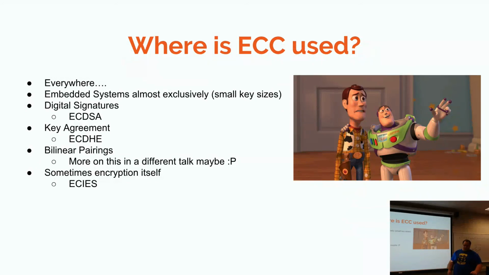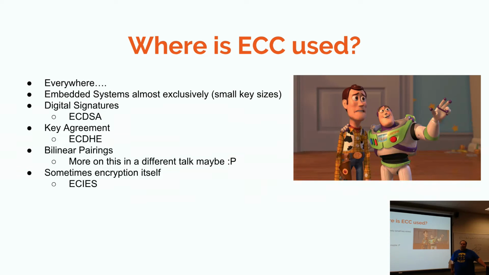Okay, cool. So where else is it used? I already mentioned some of this, but embedded systems really only use elliptic curve stuff because they have only so much memory to deal with. Those extremely large key sizes that you need for RSA are just unreasonable to manage. So they use elliptic curve stuff. For digital signatures, I think the going one right now is ECDSA.